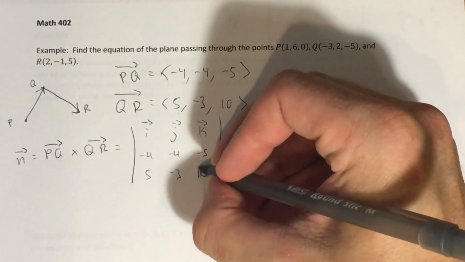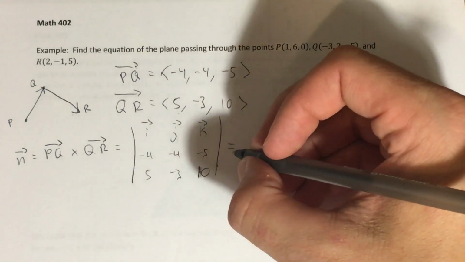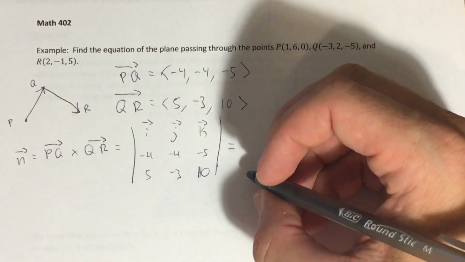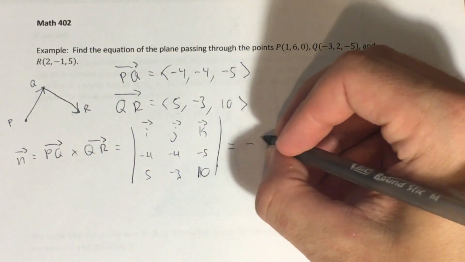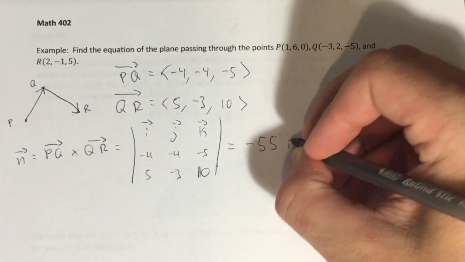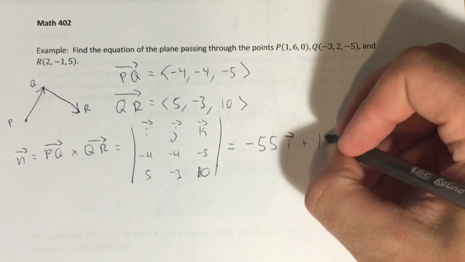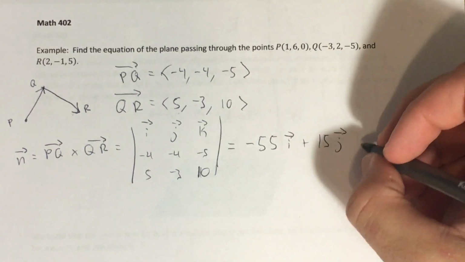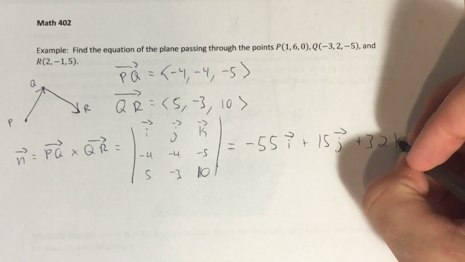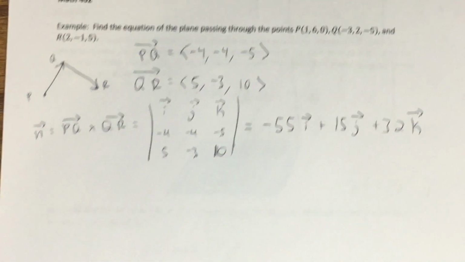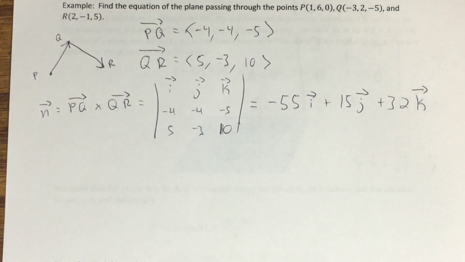I worked this out ahead of time, so I'm just going to go ahead and give you the result. This comes out to negative 55i plus 15j plus 32k. Now can I come up with the equation of this plane?